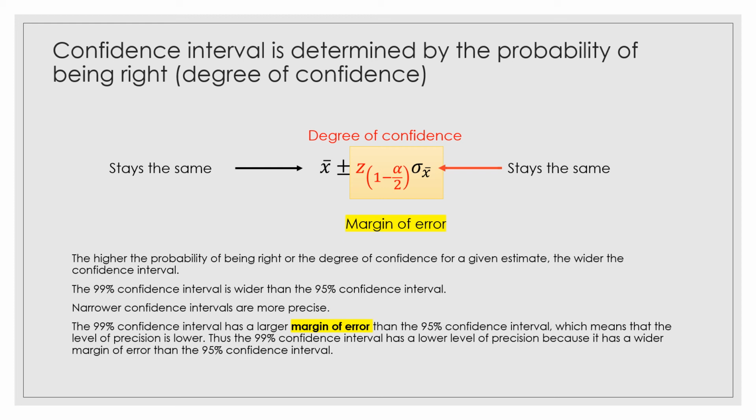So this is what we mean by the 99% confidence interval is wider than the 95% confidence interval. But the 95% confidence interval is more precise because it has a smaller margin of error.